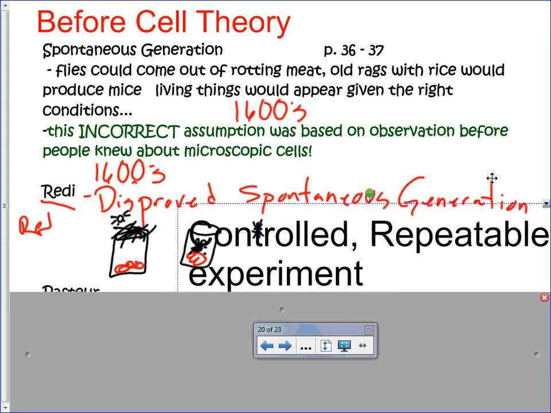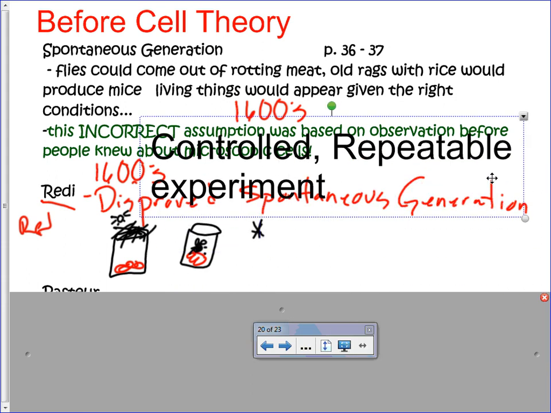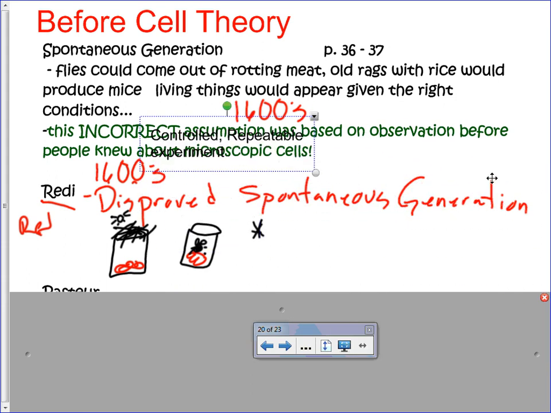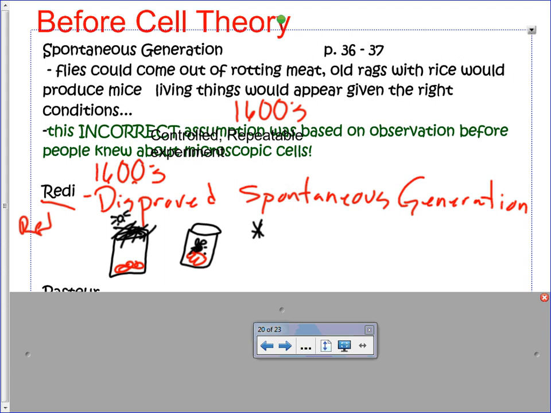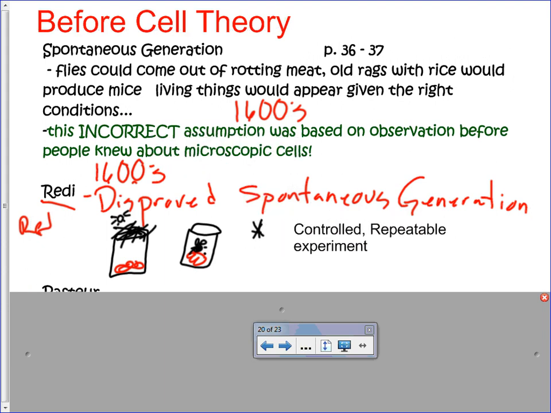And because he had a controlled, repeatable experiment, this really gets to be the very starting of the scientific method. And again, here we are in the Renaissance, all sorts of new breakthroughs in art and science and painting and perspective and all this. But controlled repeatable experiment. So he had these jars, and you'll read about this again and again in high school biology and college biology.